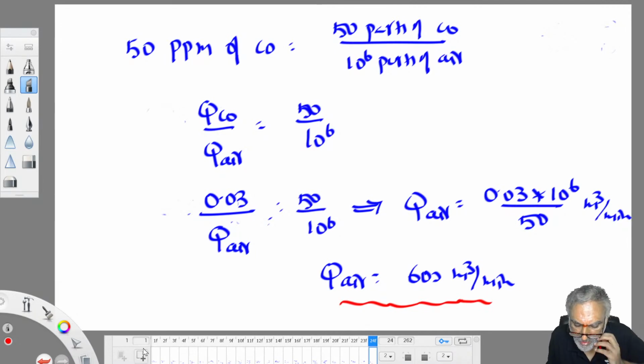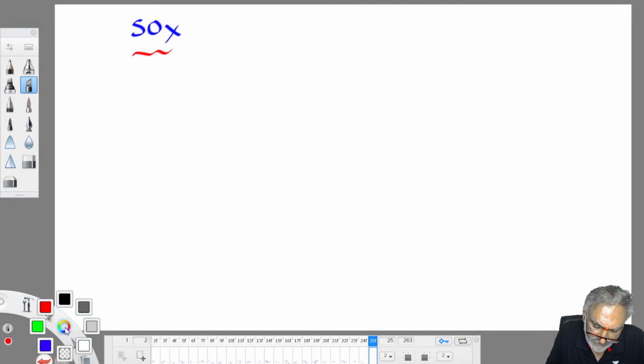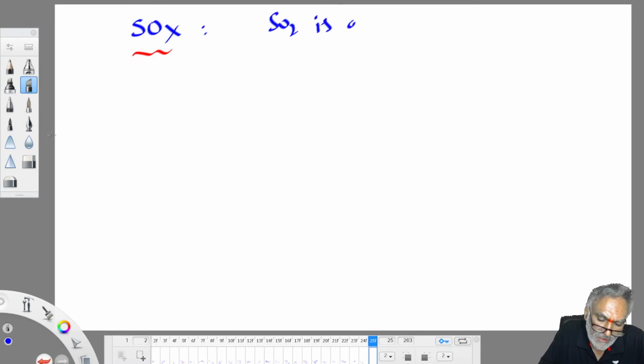Okay. Next contaminant is SOx. SOx means oxides of sulfur. So among all oxides of sulfur, sulfur dioxide is a dangerous air contaminant.